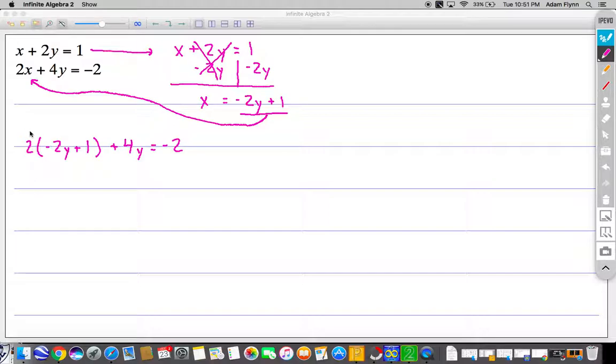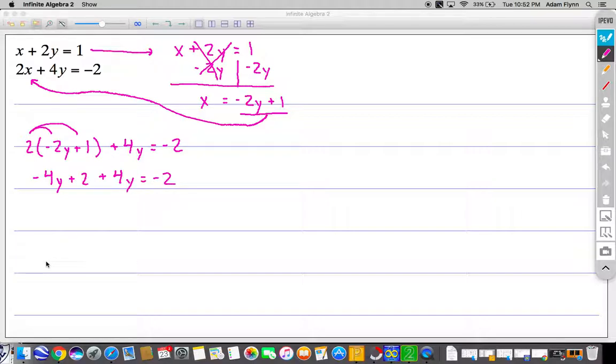To take care of the parentheses, I will distribute this 2. When I do that, I get negative 4y plus 2. And I haven't touched this positive 4y or this negative 2 yet.